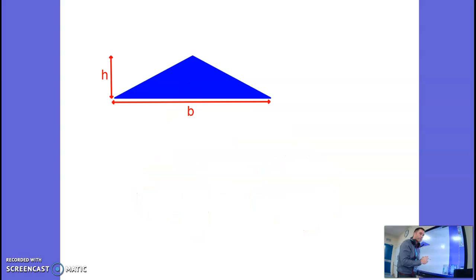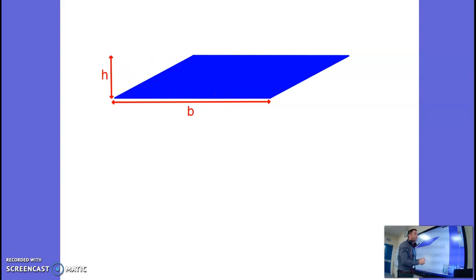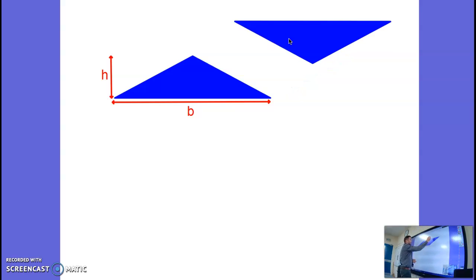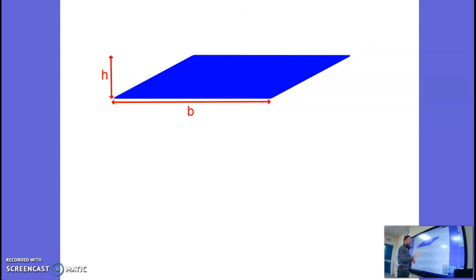Just to demonstrate that this is true for all triangles, this one, not as easy to turn into a rectangle, but if you imagine me doing that, I could make it a rectangle, and you can see that I've got half of this bit, half of this bit, so it is half of that base times height there, but I could also demonstrate that by turning it into a parallelogram. If you imagine that parallelogram with the base times height for the area, if I chop that in half to make the triangle, I've got half the area of the parallelogram. Lots of little demonstrations of why this formula works.